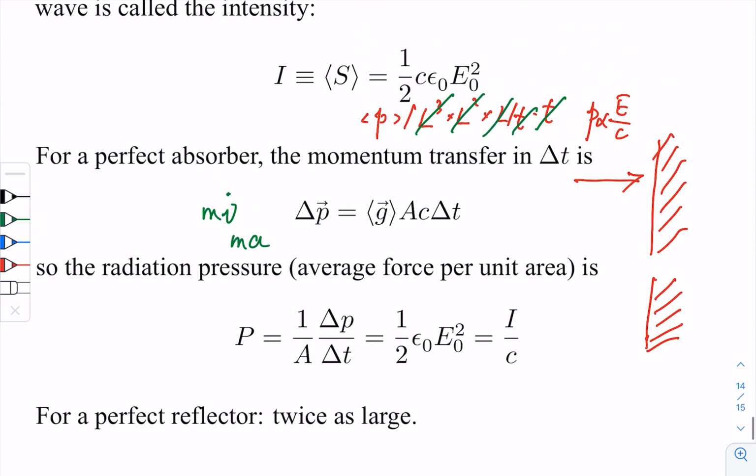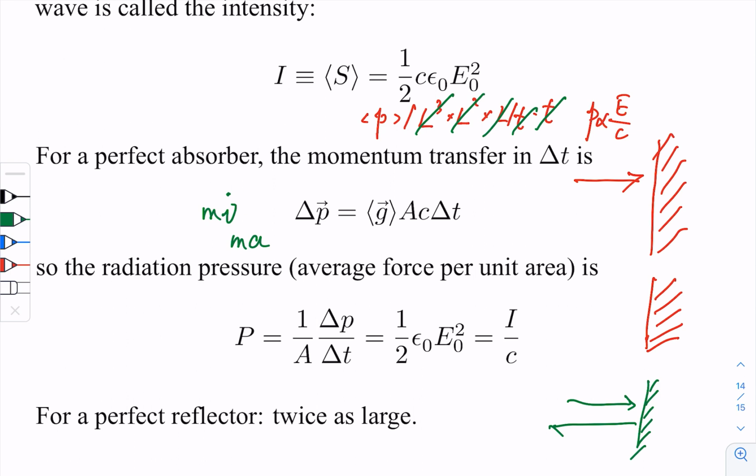Now let's take another case, which is, instead of a perfect absorber, we can have a perfect reflector. What I mean by a perfect reflector is the light is not being absorbed by the mirror at all, but this mirror can reflect the light 100%.